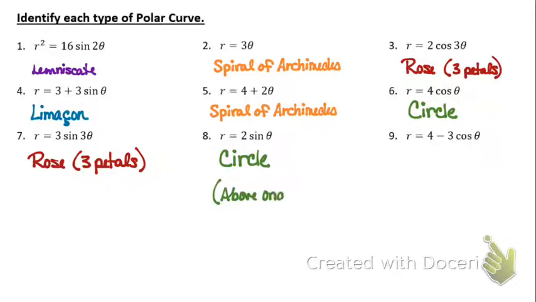What about the other circle, number 6? Would that circle be left, right, above, or below? To the right. Because remember, cosine goes right and left. So if it's positive, we'll be right, and if it's negative, we'll be left. Sine is the one that goes up and down. So this is to the right of the origin. All right, and I think I threw some people off by asking that. Number 9 is what? That's another limaçon, yes.